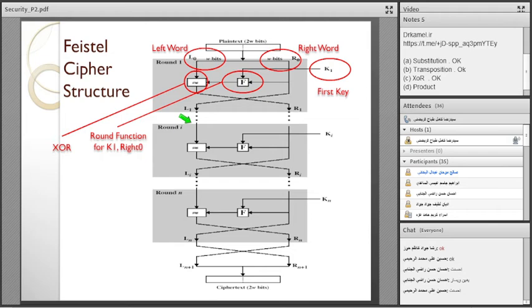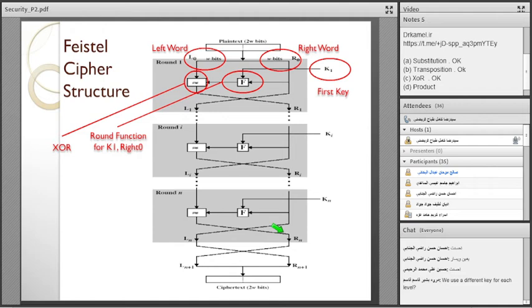This is the first key for the first level. You get one result, XOR it with left, and put the result in the right part of the next level. But the right part itself you put in the left part of the next level.